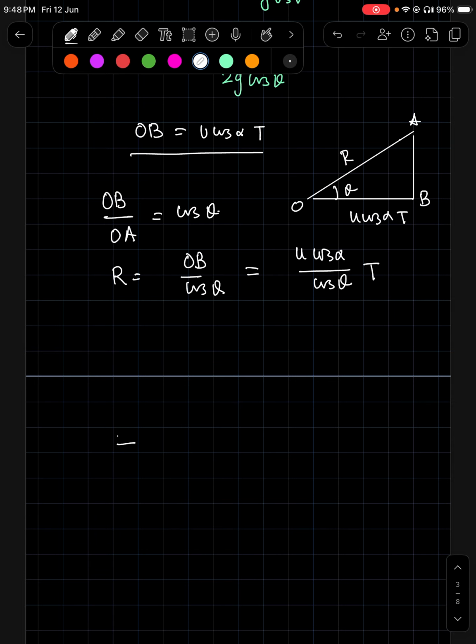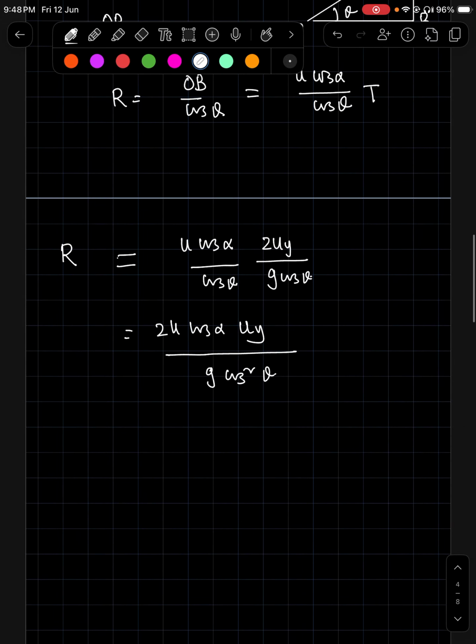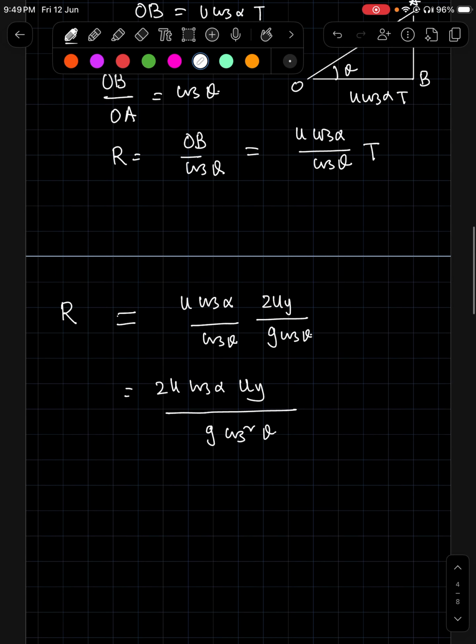Now we are going to write all the things explicitly. So range can be written as u cos alpha, and T, the time of flight, is 2uy by g cos theta. So that is u cos alpha, 2uy, and in the denominator g cos square theta. In the last line I have to put the explicit form of uy.